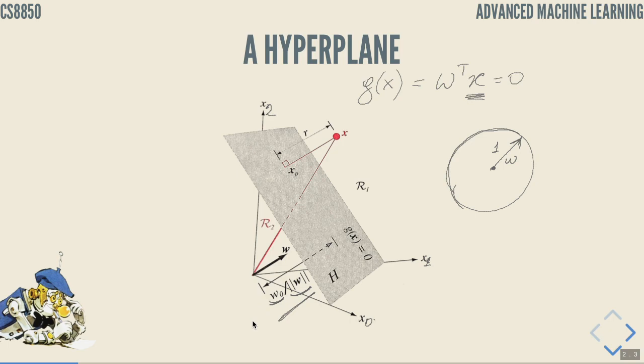Another geometric notion is this distance of a given point to its projection on our hyperplane, and you can derive it yourself, but it's basically g of x.